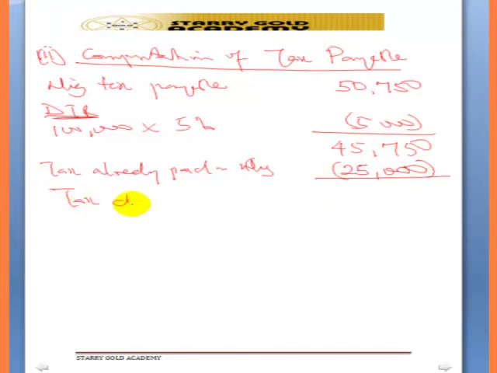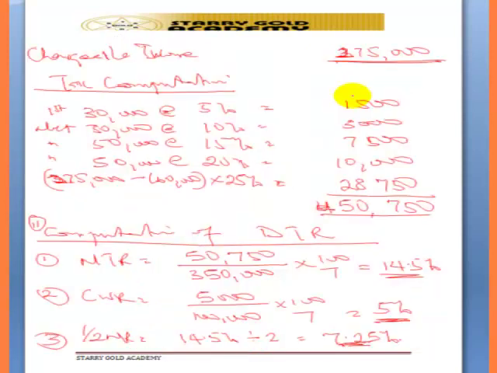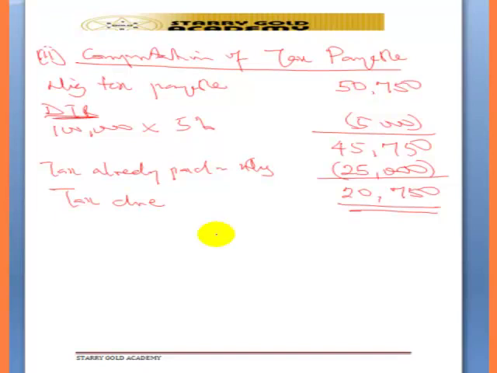So we have tax due, 20,750 naira, because in the question we are told that 25,000 naira has been deducted as PAYE.